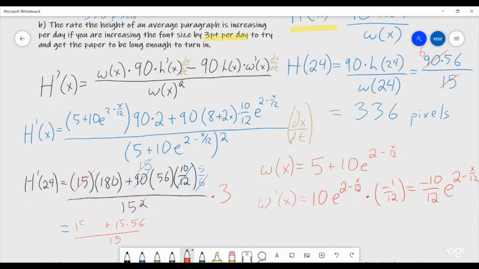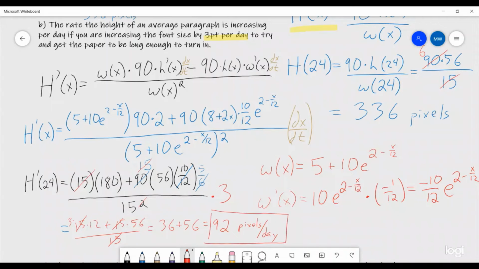So we have 15 times 12. All of those 15s now cancel. Oh, we forgot to distribute the 3 onto this one, so there's a 3 times this one as well. So that's 36 plus 56, so that is 80 plus 12, so that's 92. So it is increasing 92 pixels per day.